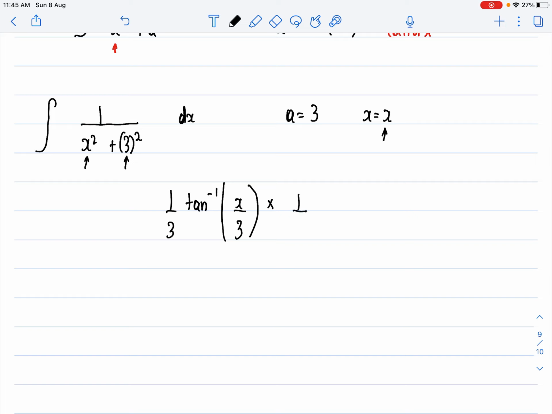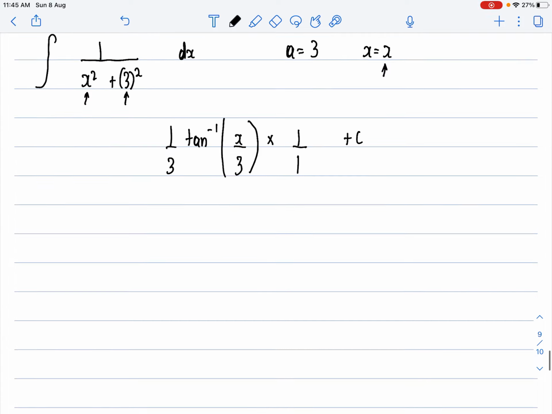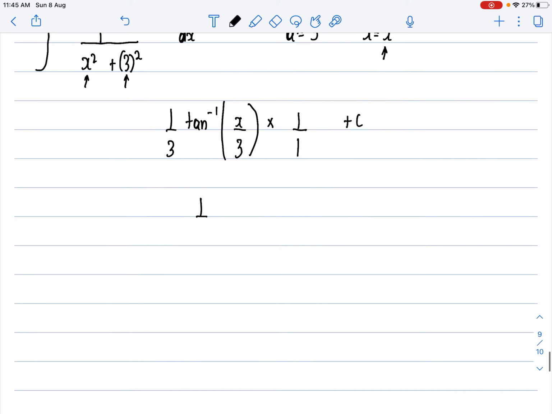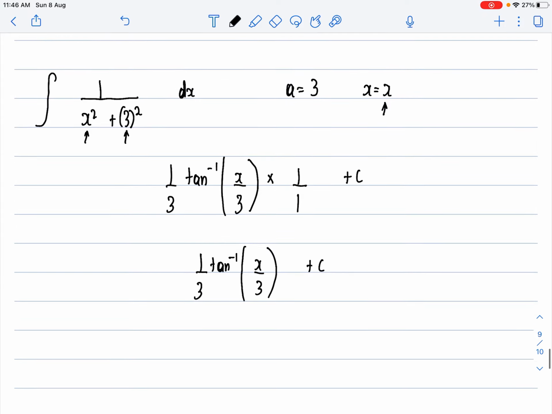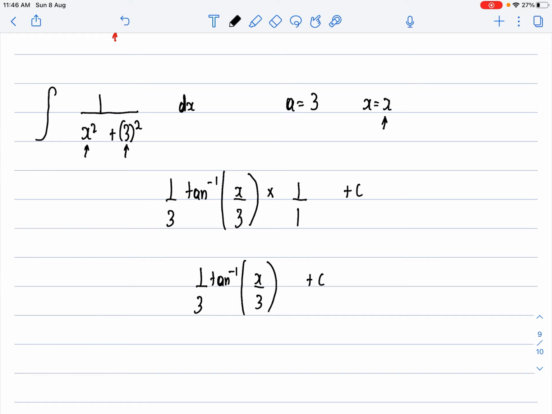In this case, the coefficient of x is just 1. So I write 1 plus c. Now I can write my final answer just as 1 over 3 tan inverse of x over 3 plus c. Understood? Really simple substitution.